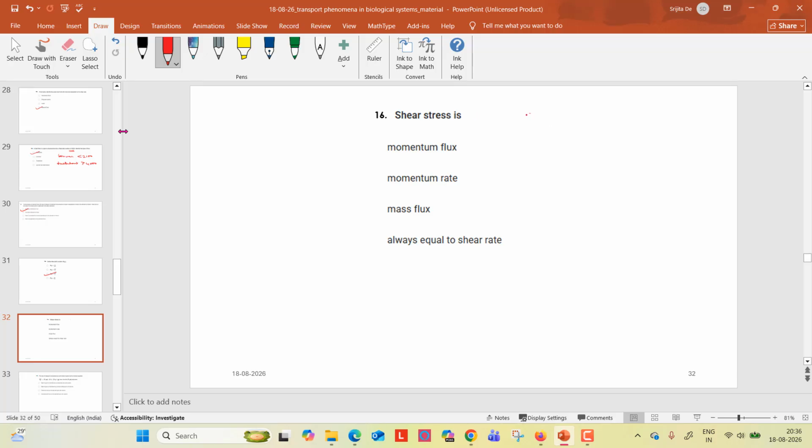So shear stress unit is kg, force per unit area, right? So force is mass into acceleration. So mass into acceleration, meter per second square, by meter square, right? So it is kg per meter second square.